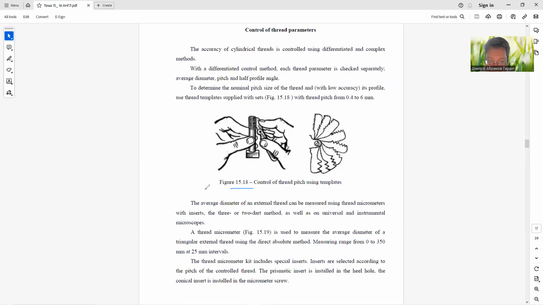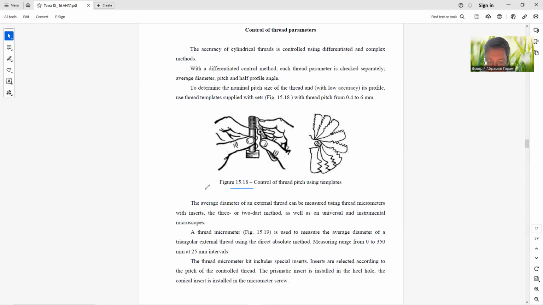The average diameter of an external thread can be measured using thread micrometers with inserts, the 3 or 2 wire method, as well as on universal and instrumental microscopes.